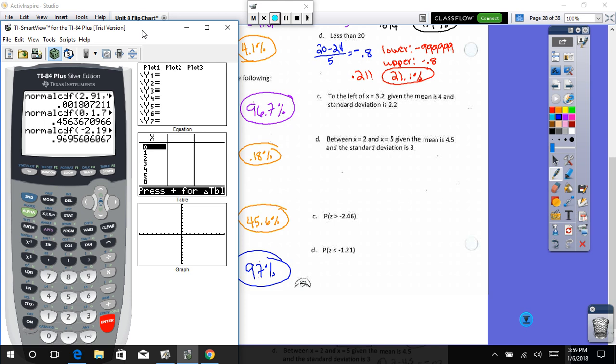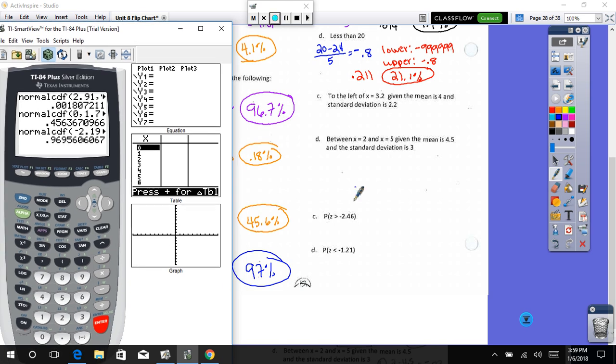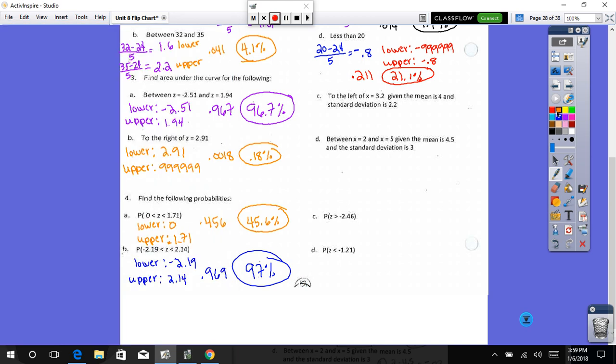Okay, going over here to the other column. They do not give us the Z's for C and D. I'm sorry, I thought they did. So we have to calculate our Z scores before we can type them in our calculator. It does give us the mean and standard deviation though, so we're in good shape. So 3.2 minus our average, and our standard deviation is 2.2.